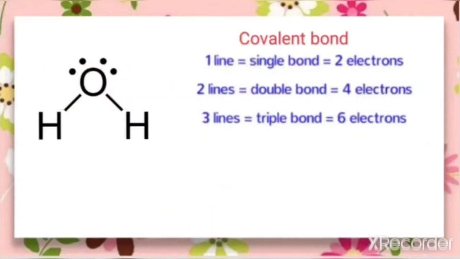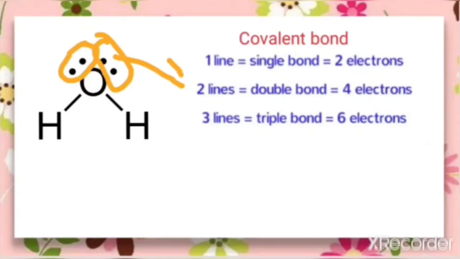Now why is it called a pair? Because a lone pair means these 2 electrons together are called a lone pair. This is also a lone pair. Pair means two, so two electrons together we can call a pair.